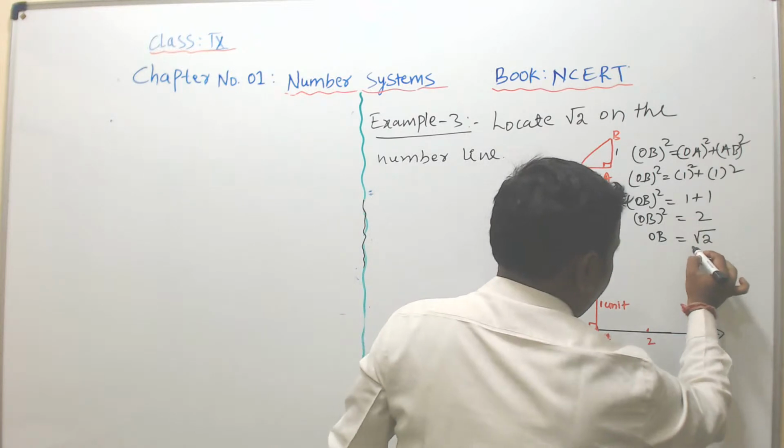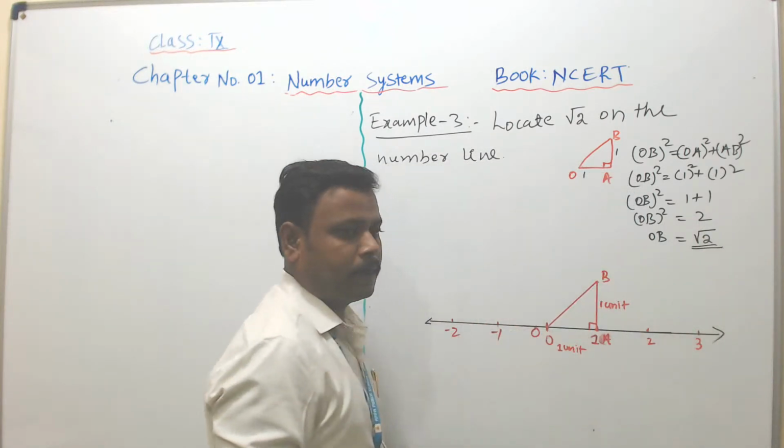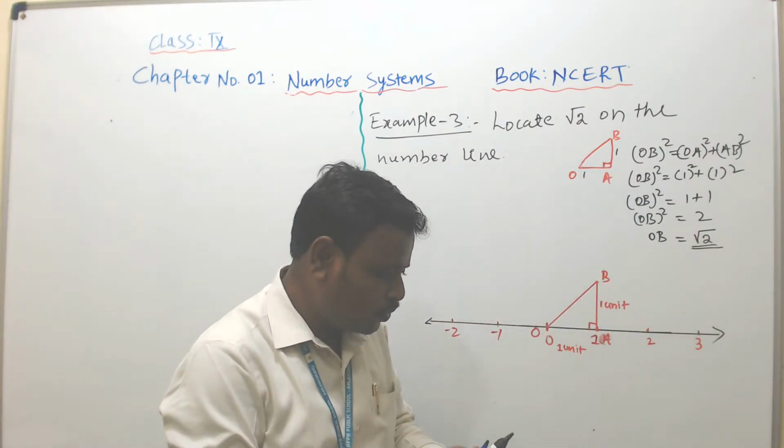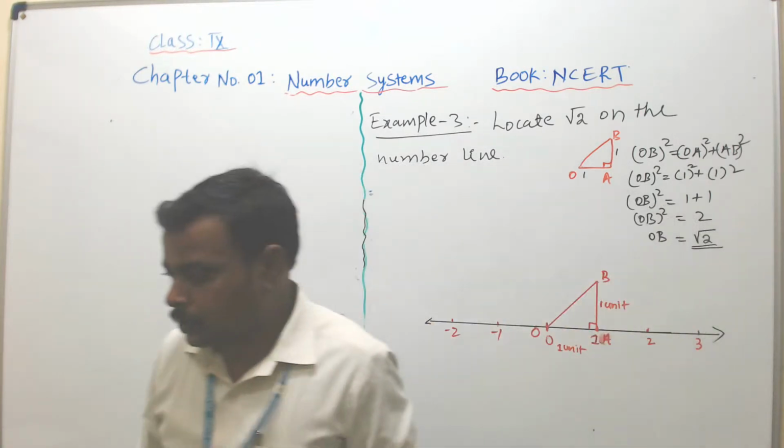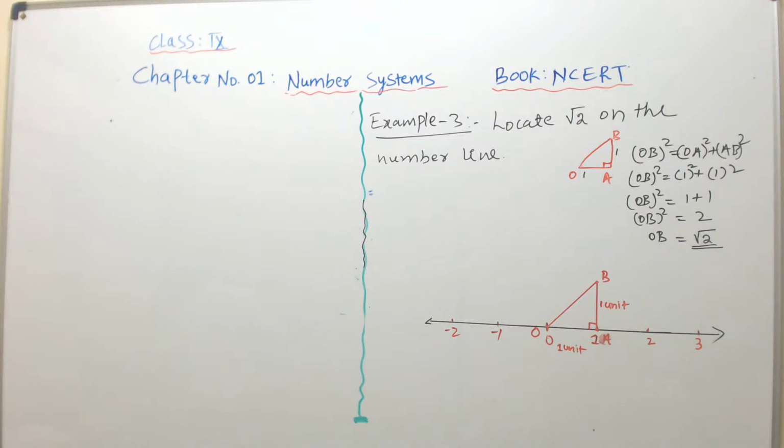So this root 2 we have to represent on this number line. And what we have to do for that?